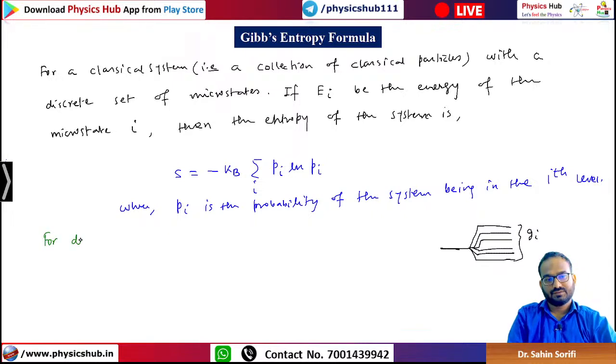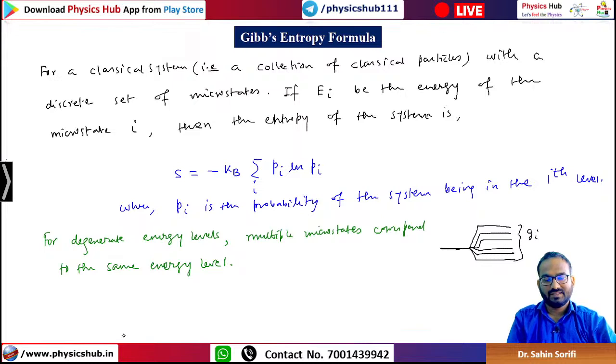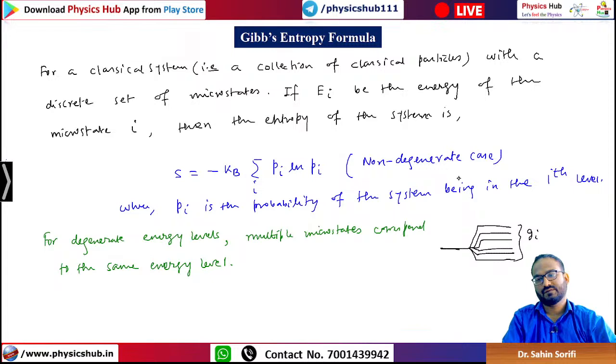If you consider degenerate energy levels, where multiple microstates correspond to the same energy, in that case, the earlier formula is for the non-degenerate case.